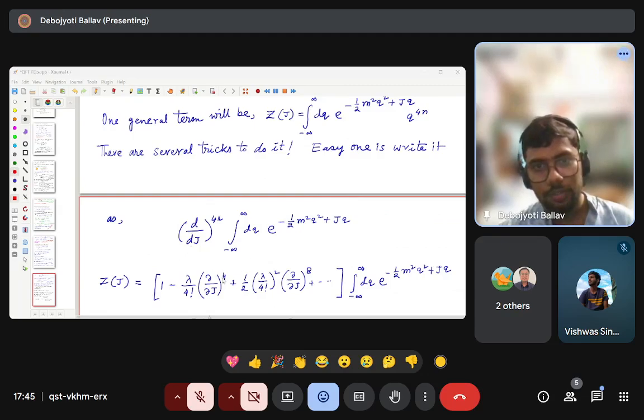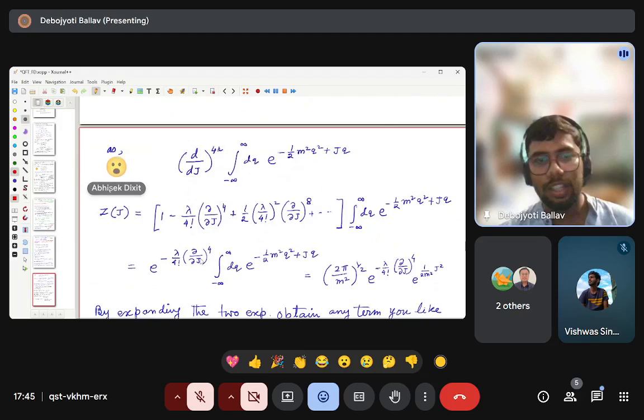Now what is this series in front? This is just an exponential series in d/dj. You know the Taylor expansion, you can write as e to the power a d/dx, something like that. So this is similar.